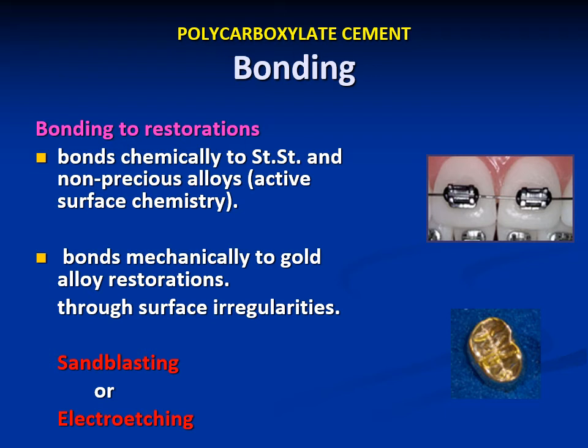To increase mechanical bonding, we must roughen the inner surface of the crown to increase the bonding between this type of cement and the gold restoration. The roughening occurs using sandblasting or electro-etching.